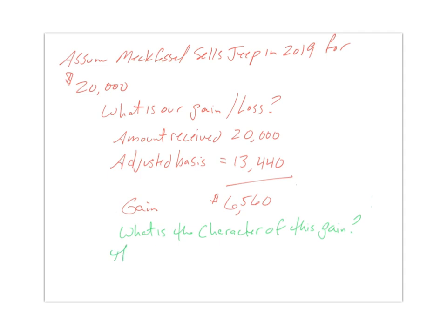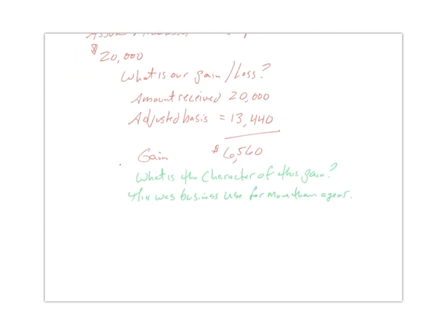So, this was business use for more than a year. So it's potentially Section 1231 gain. All right. But what do we have to do?